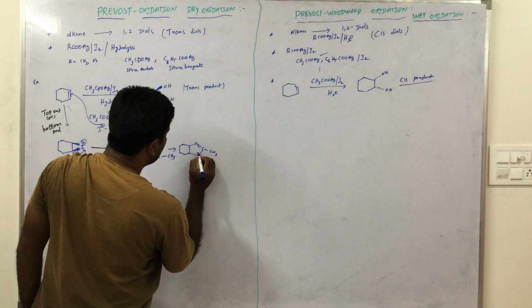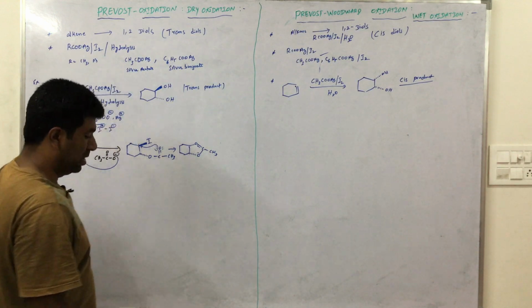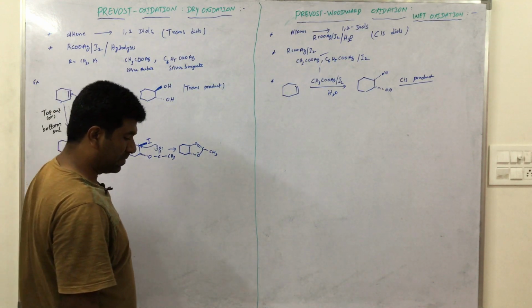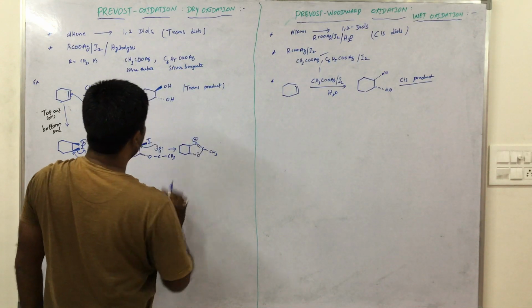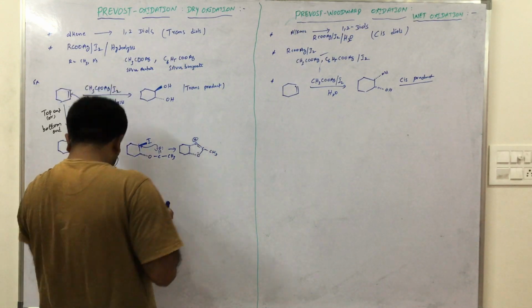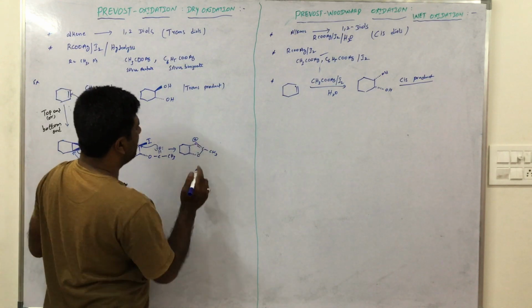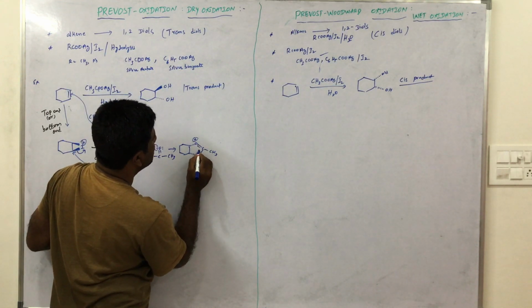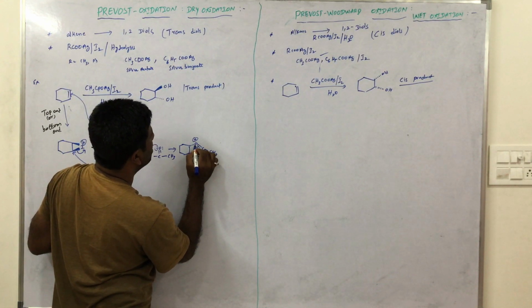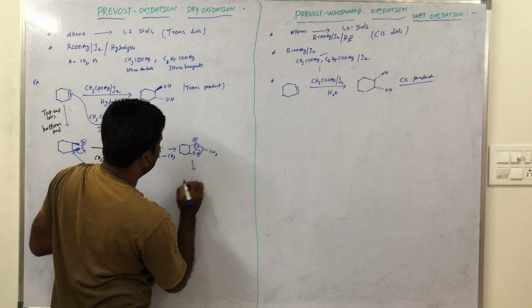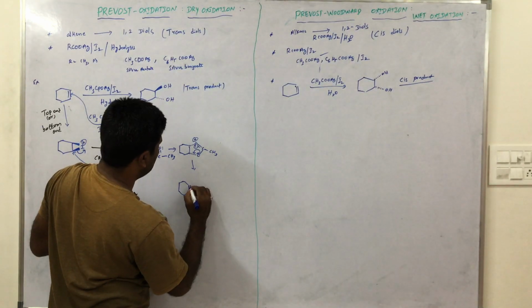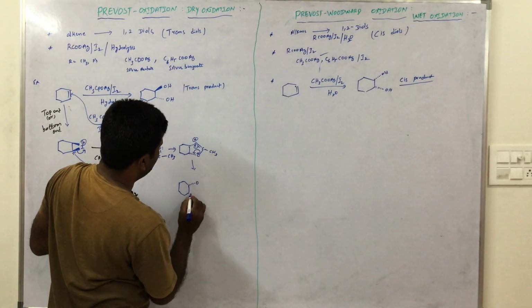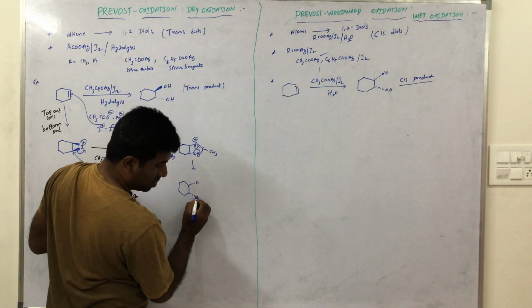Now this oxygen having one lone pair acquires a positive charge. What happened? This bond migrated here. We get, observe carefully, O, and this is also O.